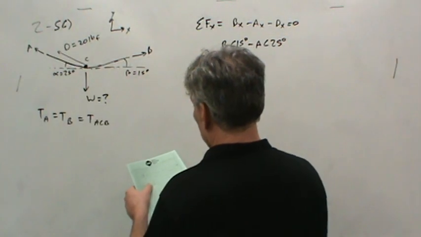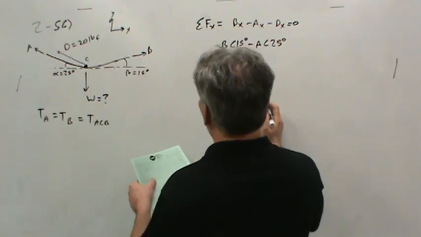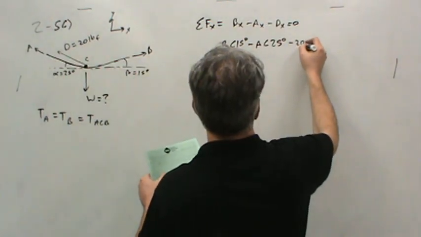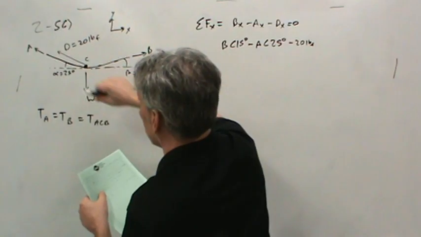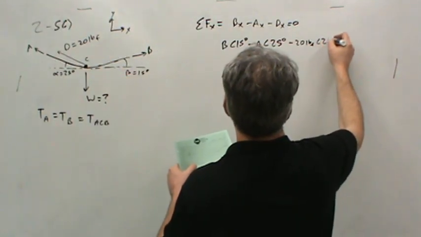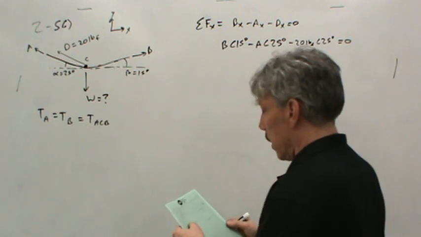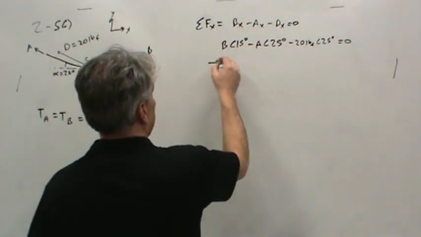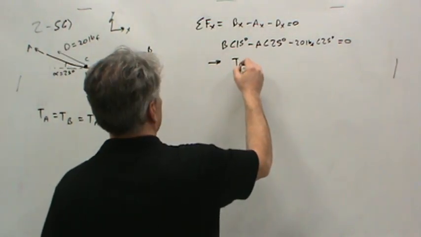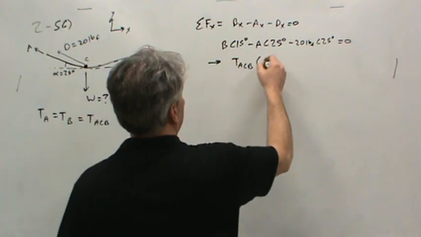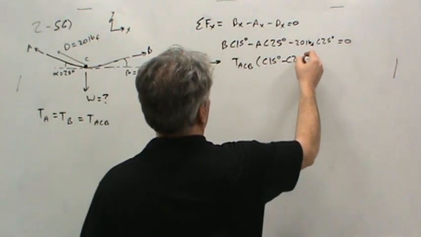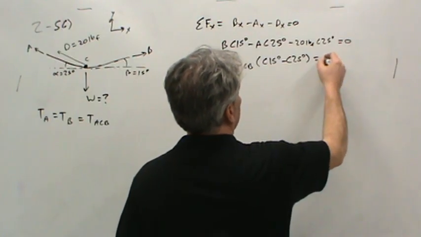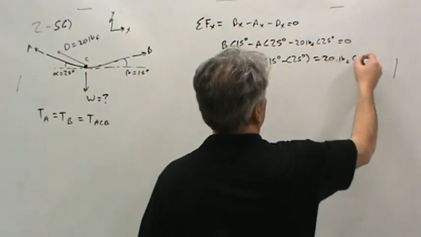I've also got the 20 pounds, so minus 20 pounds times its angle, which is also 25 degrees, so cosine 25 degrees. This has to come out to zero; it has to be in equilibrium. Since the tension in A and B are equal, I can factor them out and call it TACB, multiplied by cos 15 degrees minus cos 25 degrees, equals 20 pounds multiplied by cos 25 degrees.